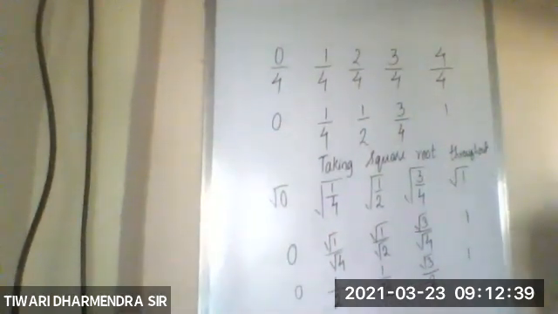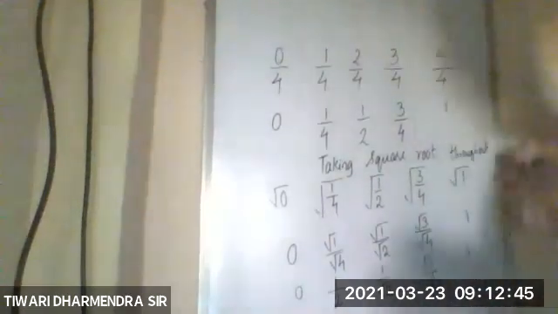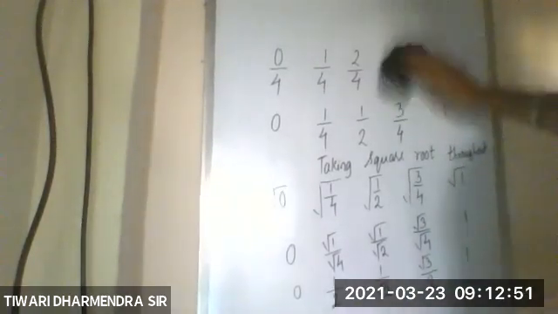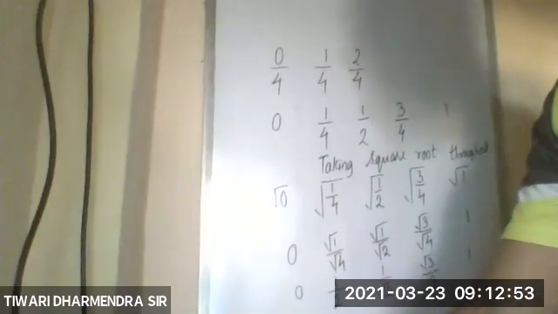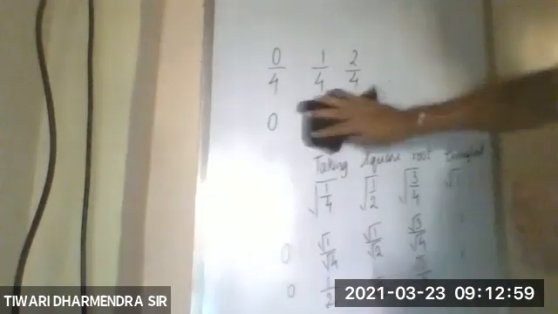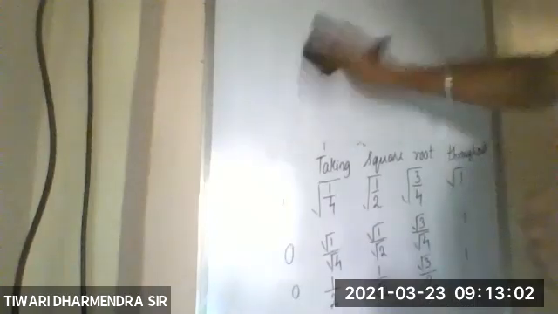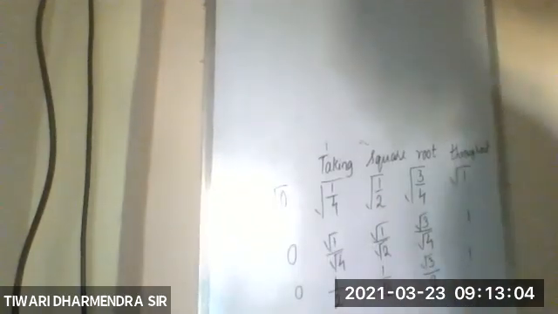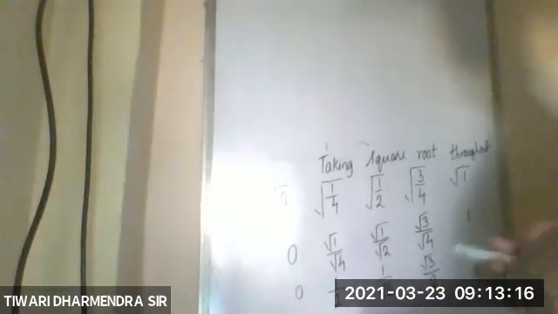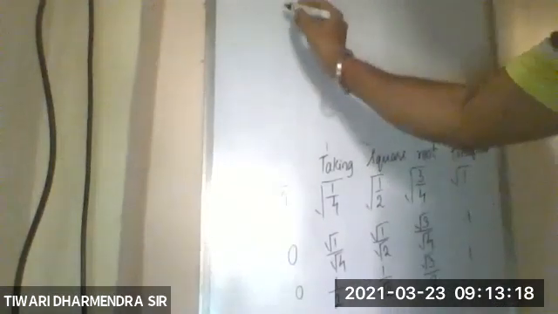So what you need to do, just implement these values in a table. I will make a table for you here so that I can make you understand. What you need to do is write trigonometric ratios of particular angles.